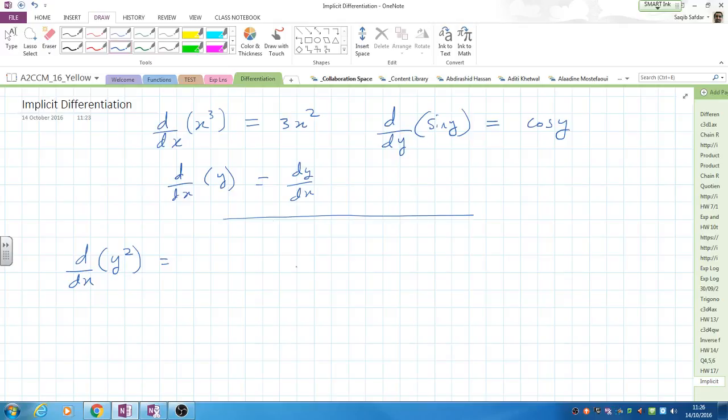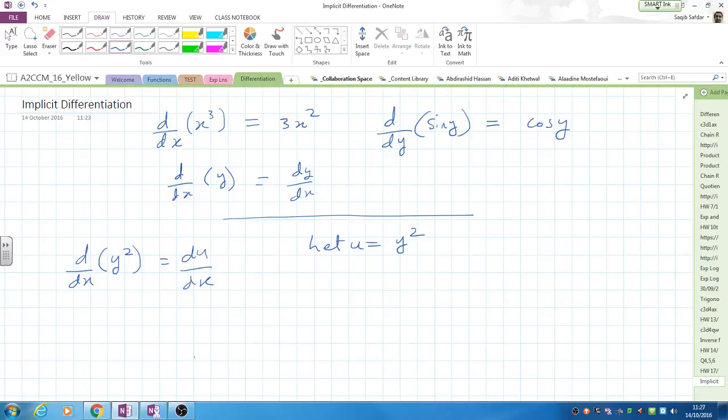In order to resolve this problem, what we'll do is say let u equal y squared. And so this problem is essentially saying work out du over dx.